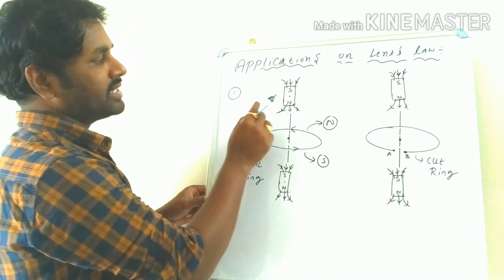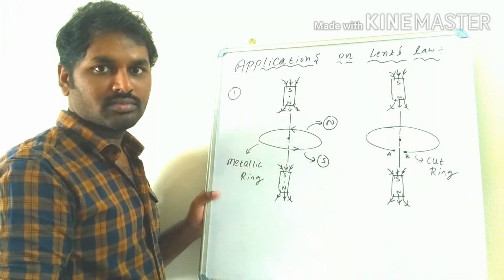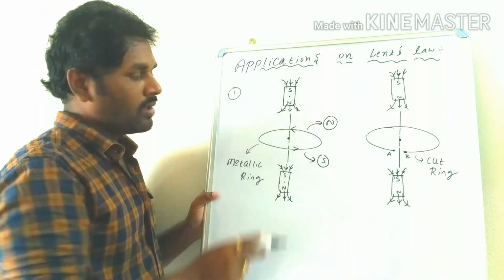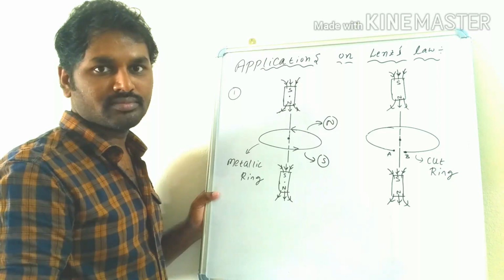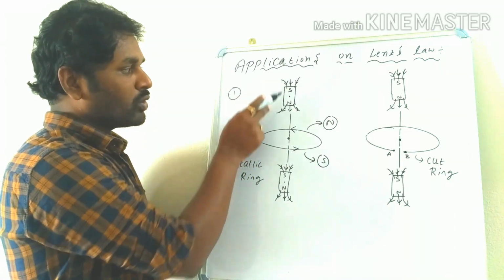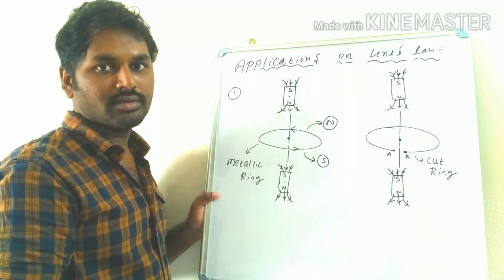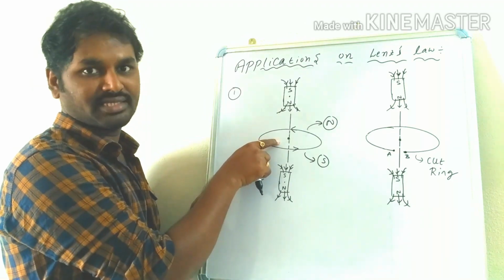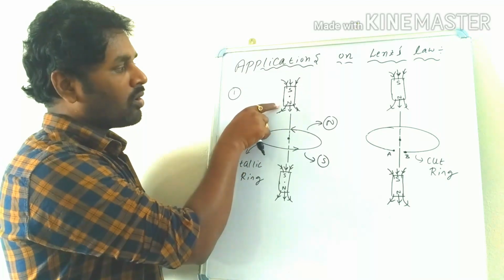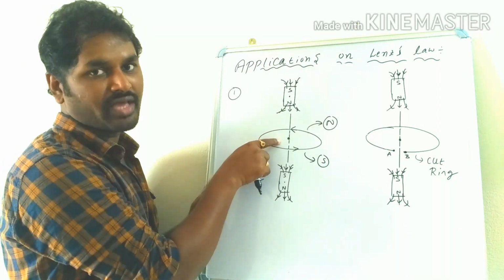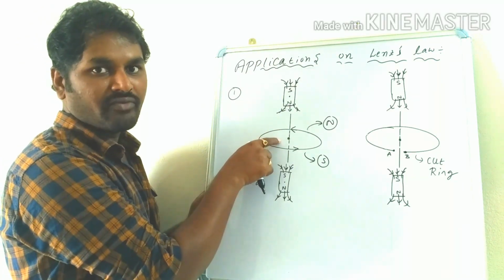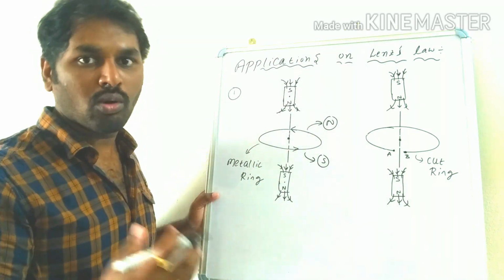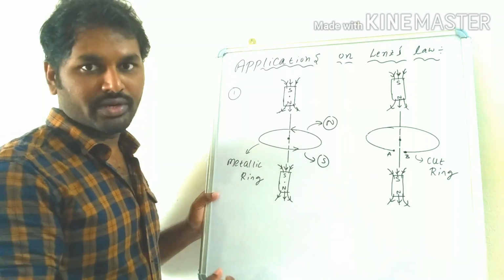Whenever this magnet is falling down, the flux generated by the North Pole passes through this coil. As the magnet approaches the coil, the magnetic flux passing through this coil also increases, which means the North Pole is moving towards the face of the coil.